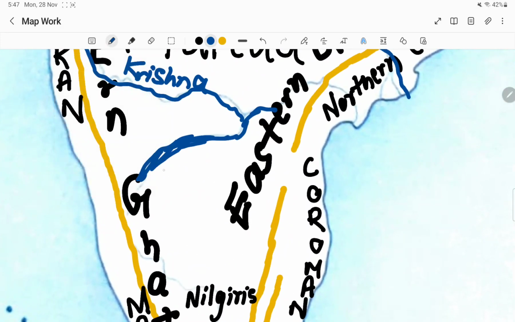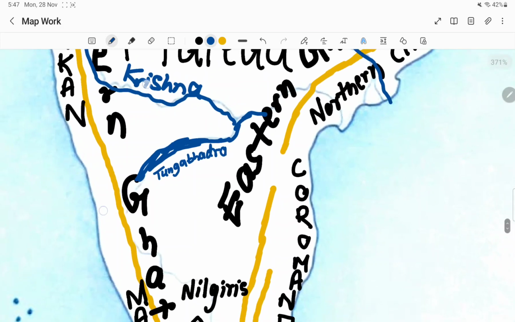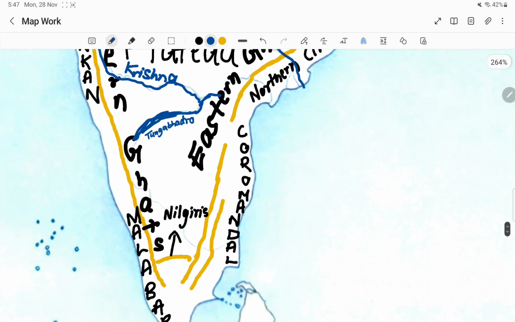So this is the river Tungabhadra. And just right below it comes the Kaveri river. So this is the Kaveri river. So here ends the river part also.